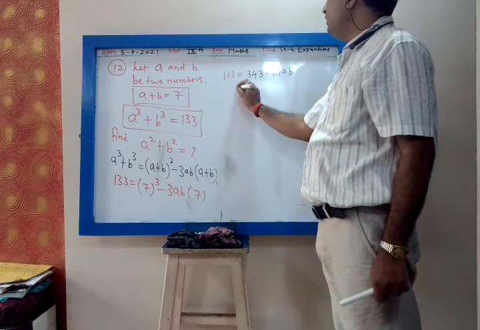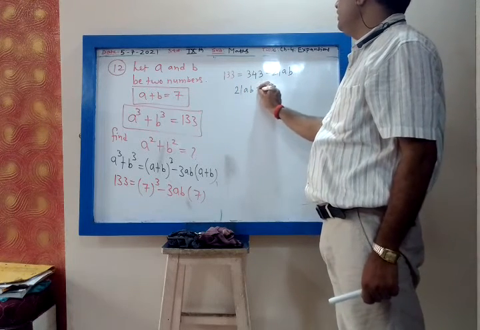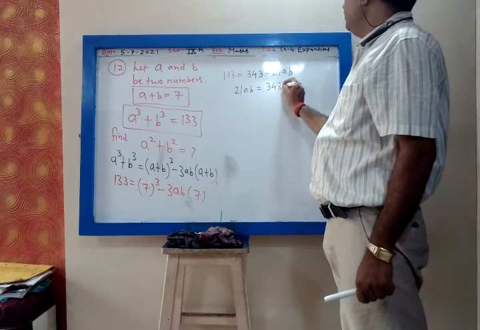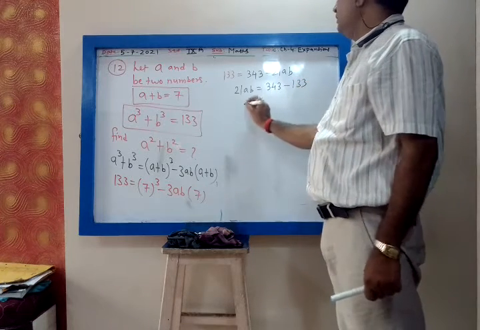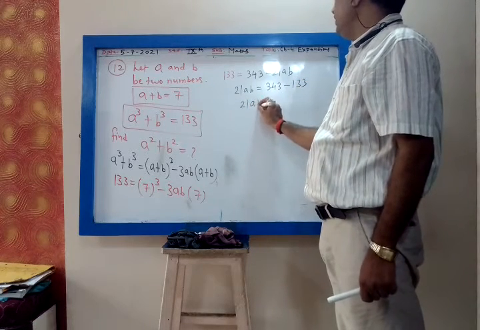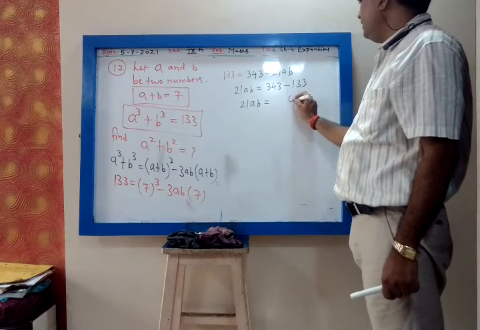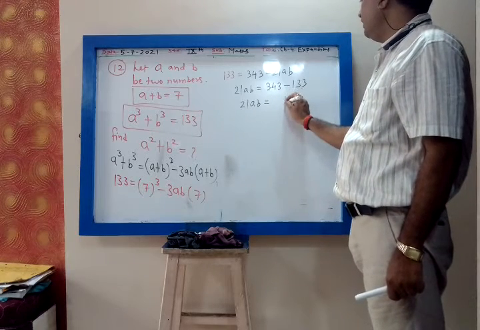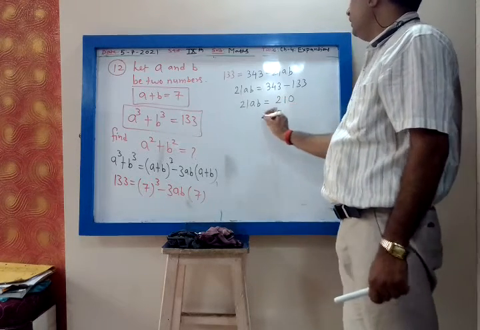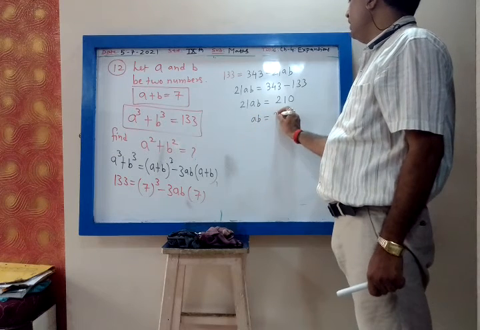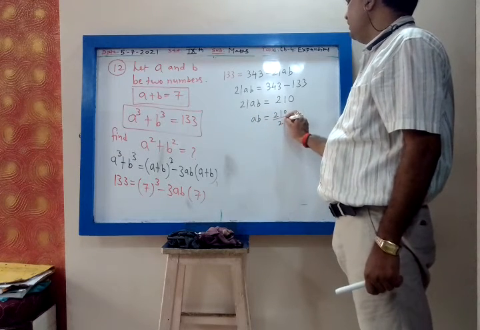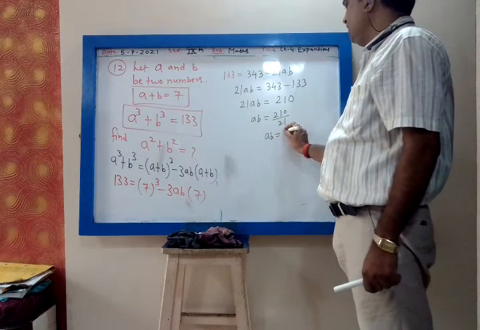So take 21ab on this side, so 21ab is equal to 343 minus 133. So 21ab is equal to 210. 3 minus 3 is 0, 4 minus 3 is 1, 3 minus 1 is 2. So ab is equal to 210 upon 21. So ab is equal to 10.